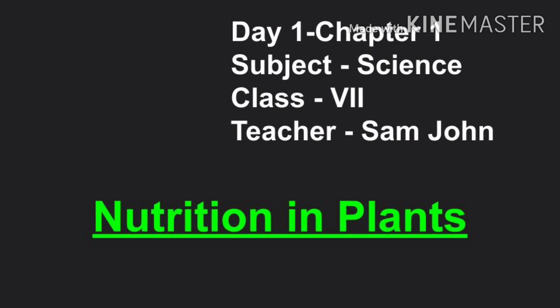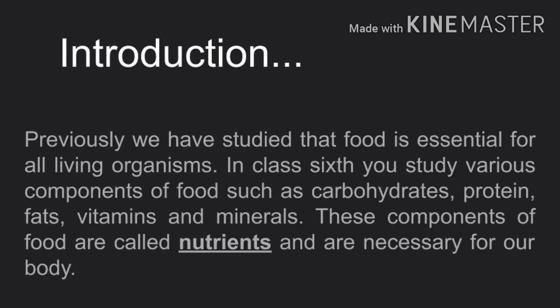So, we will start off with our first chapter, and that is nutrition in plants. Now, as you all might remember, in class 6th, you studied various components of food such as carbohydrates, proteins, fats, vitamins, minerals. You also studied in which type of food you can find these components, right?